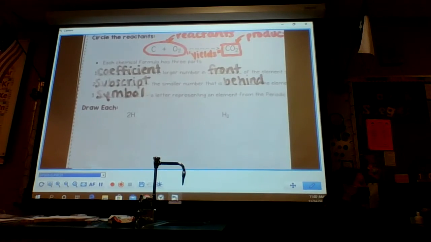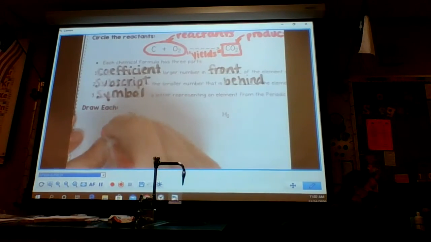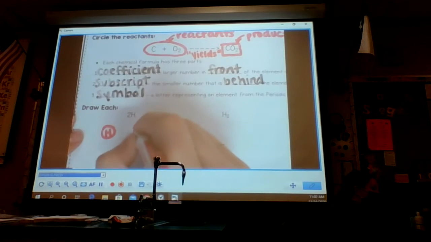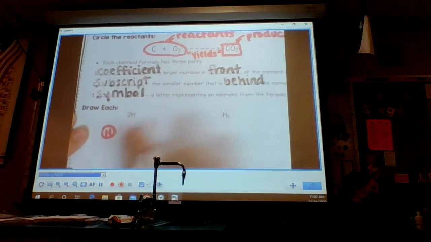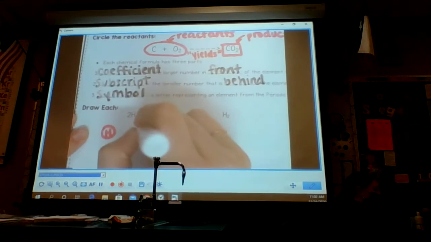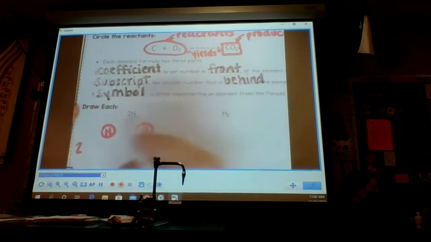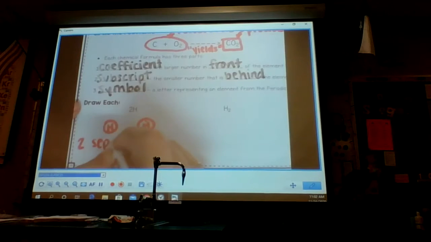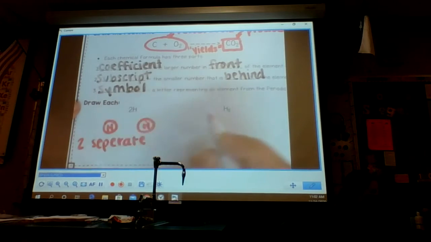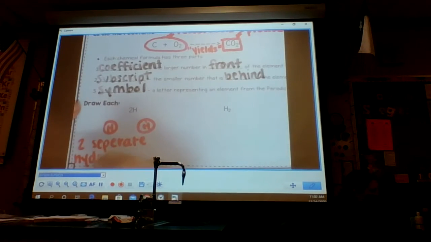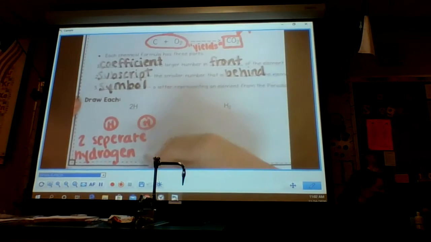If I were to draw this one out, I would have 2 hydrogens that are not touching. So this is 2 separate hydrogen molecules.